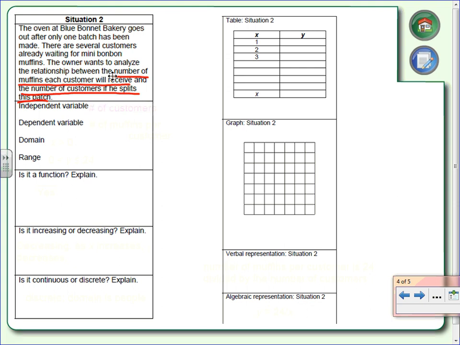So here we go. Independent and dependent. Independent is going to be the number of customers. The dependent is going to be the number of muffins per customer.